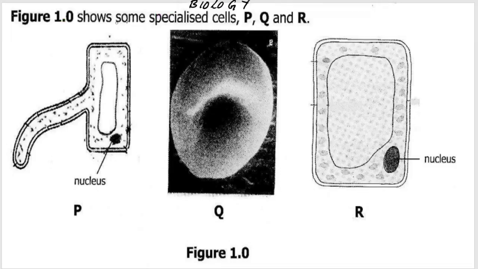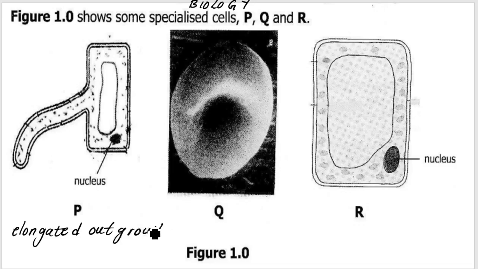What made it possible for us to recognize them? For a root hair cell, it has this elongated outgrowth.